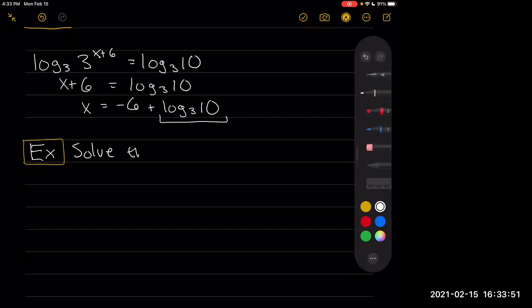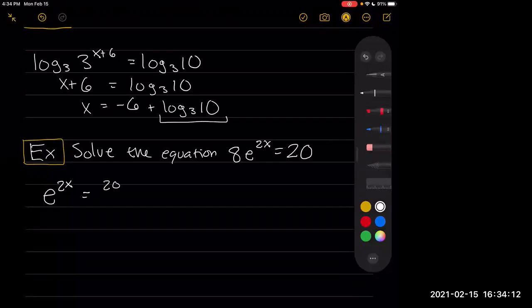Okay. And then the next example. Going to solve the equation 8e to the 2x equaling 20. So our first step is going to be dividing each side by 8. So we're going to have e to the 2x equals 20 over 8, which equals 5/2.